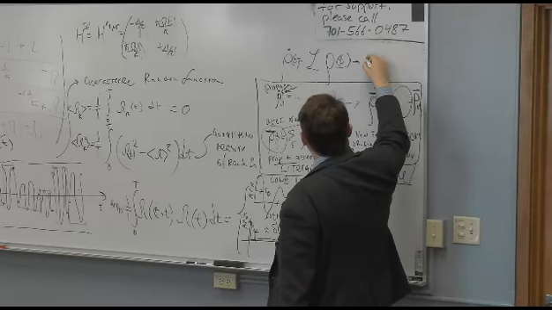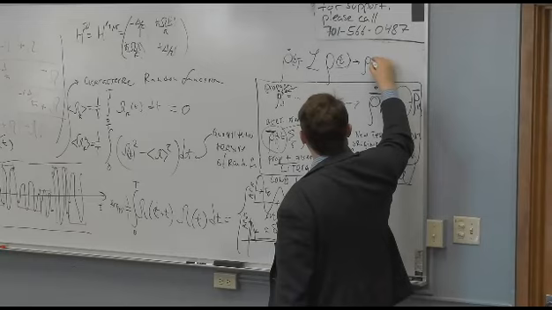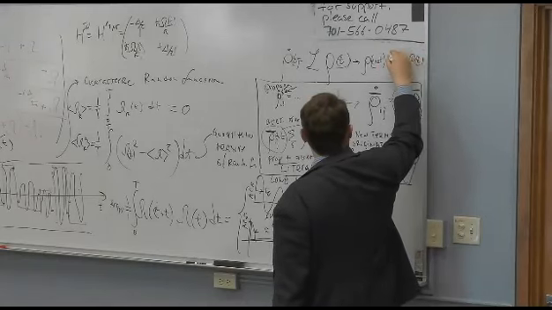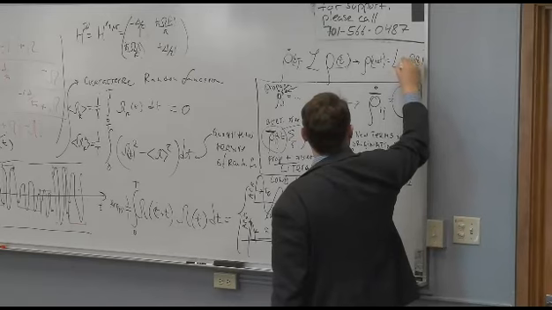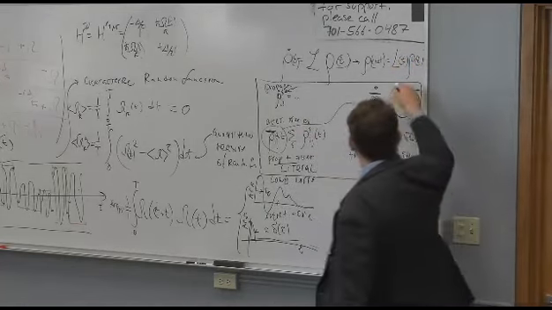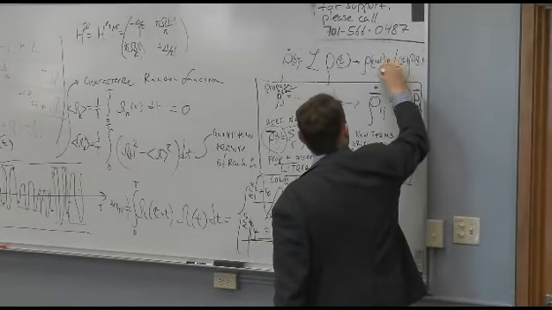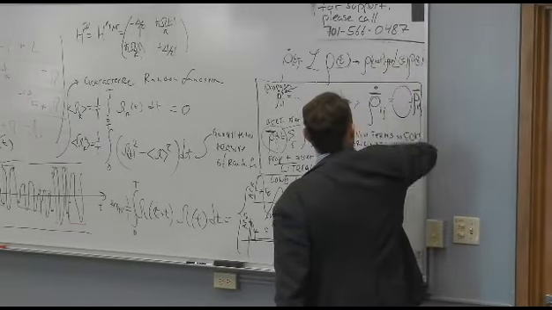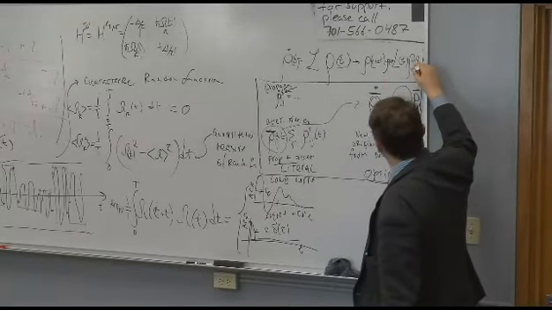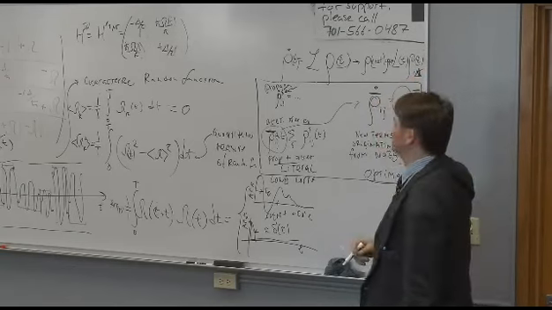So if we are looking onto rho at time t plus delta t, we can tell that it was rho at t multiplied by L of t, plus this, so what it was before, times delta t.